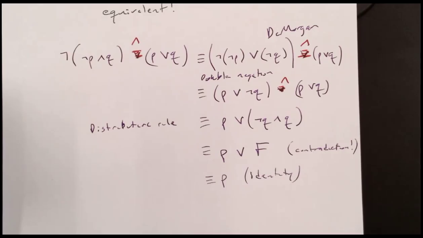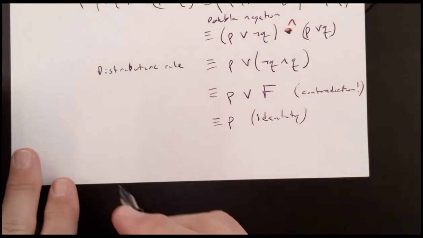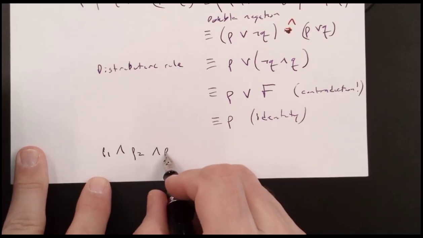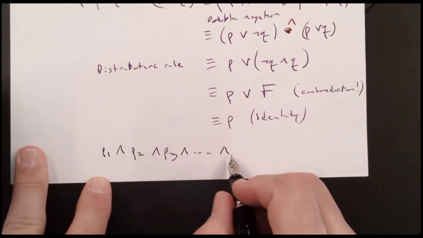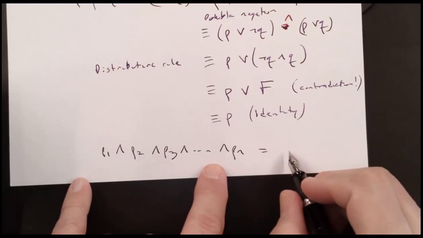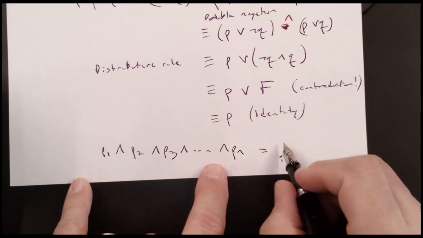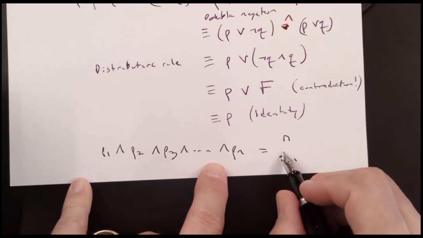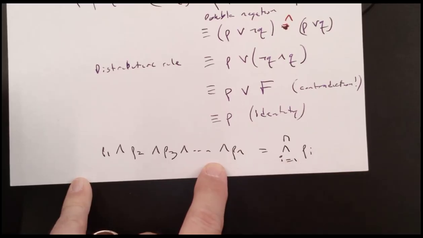When I have a lot of things I want to and together, instead of writing proposition 1 and proposition 2 and proposition 3 and proposition n, I'm going to steal from calculus. Do you remember when we wrote sums in calculus, that capital sigma? And we said, oh, I'm going to count from the first one to the last one. Instead of using a sigma, I'm going to use the and symbol in here.